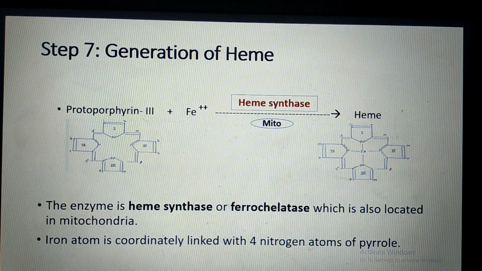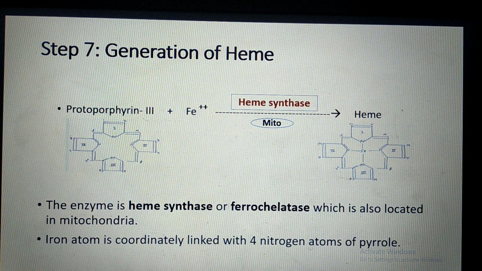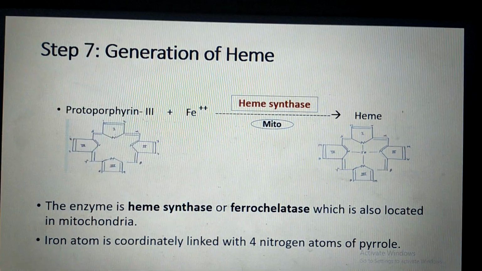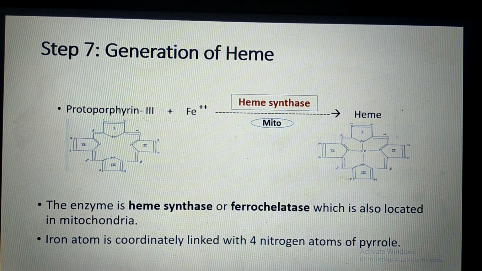Now this protoporphyrin 3 combines with ferrous iron in mitochondria in the presence of the enzyme heme synthase to form heme. Heme synthase is also called ferrochelatase. The iron atom links with 4 nitrogen atoms of the pyrrole rings to form the structure of heme.